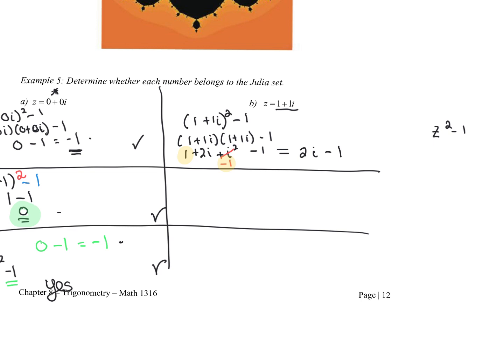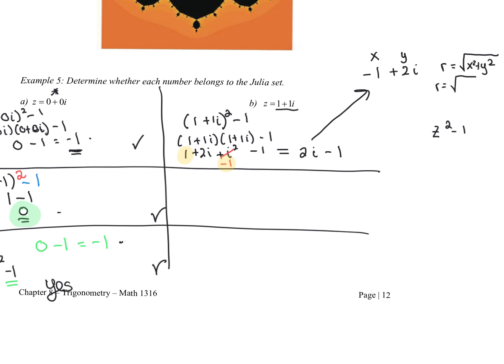So if I go find the magnitude of this, like the radius, the r, let me write this in the other form. This is going to be -1 plus 2i. Here's my x, here's my y. And so r equals the square root of x squared plus y squared.